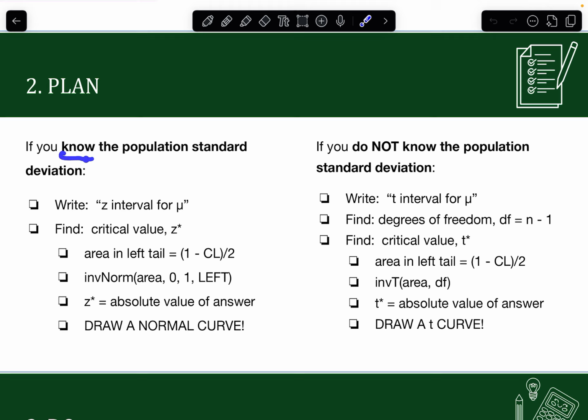If you know sigma, then it's a z-interval for a mean. If you don't know sigma, it's a t-interval for a mean. The reason that's important is you're going to be finding a different critical value. Your interval will be narrower if you're working with z. It will be wider if you're working with t.